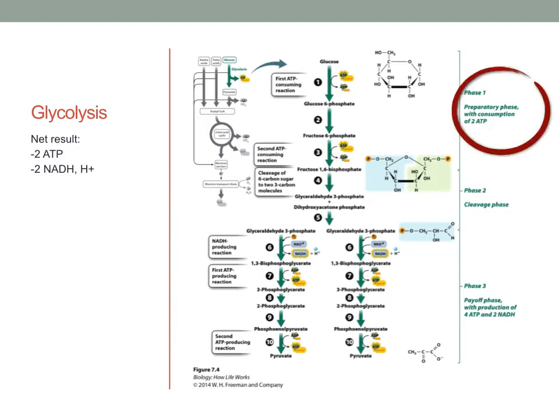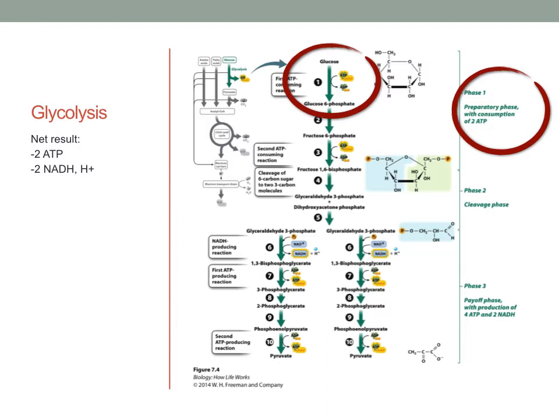So if we look at the first phase, the preparatory or investment phase where we consume ATP, you see that the entering molecule in the pathway is glucose. Glucose will be phosphorylated, so it will receive one phosphate. The phosphate will come from ATP, adenosine triphosphate, and ATP will become ADP, diphosphate, while one phosphate will be attached to the glucose molecule using the energy provided by the release of the phosphate from ATP.